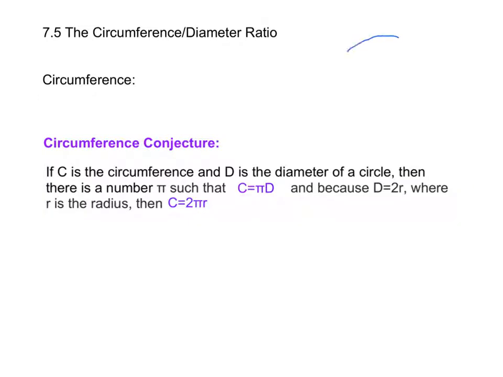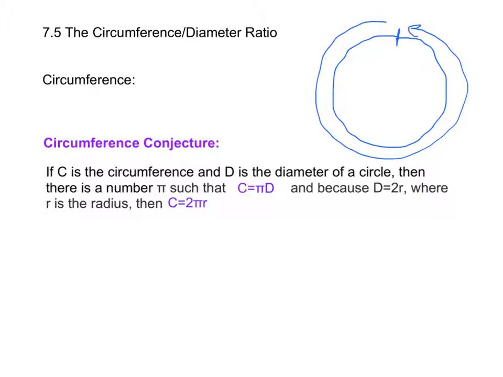The circumference of a circle is the distance all the way around the circle, from here, going all the way around back to here. And the circumference conjecture says that if C is the circumference and D is the diameter of the circle, which is this line here, then there's a number pi such that C equals pi d.